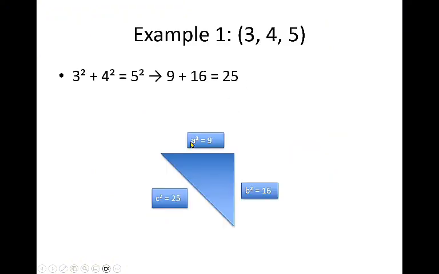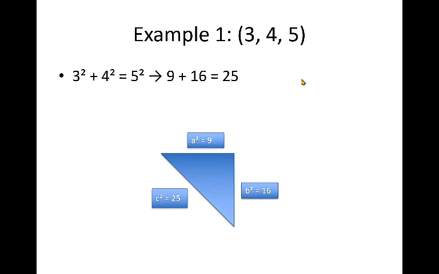For example number one, we have 3, 4, and 5. Let's look at our first Pythagorean triple, which is 3, 4, 5.